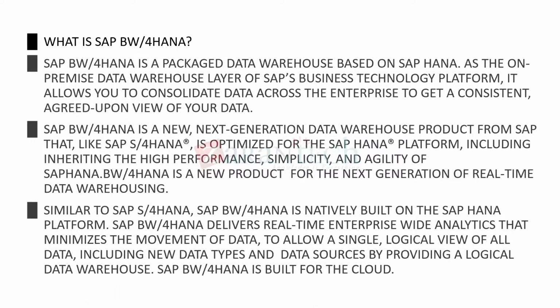Likewise, for BW, they wanted to keep a similar naming convention. They said, okay, it's BW4 HANA. It's not actually a fourth generation in the BW world. If you ask me, I would say this would be the third generation in the BW space.